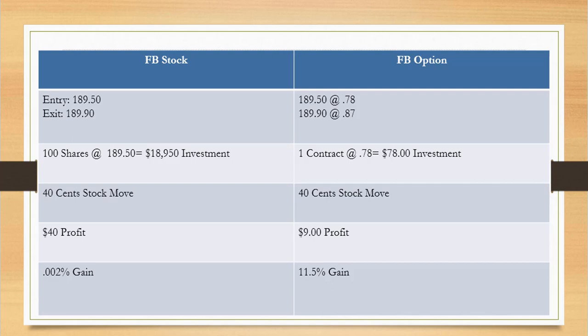It would have cost $18,950 to buy 100 shares of Facebook at $189.50, and that same 40 cents move, had I purchased those shares outright, I would have only made $40, which equates to a 0.002% gain. That's less than a 1% gain, but it would have required almost $19,000 to make a $40 profit.